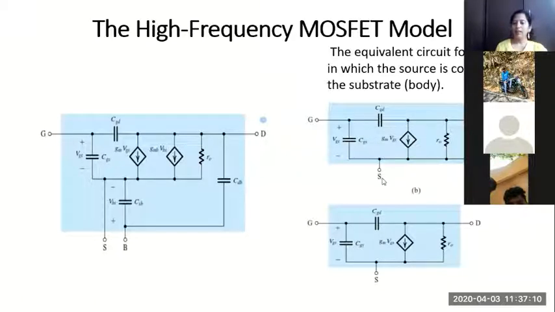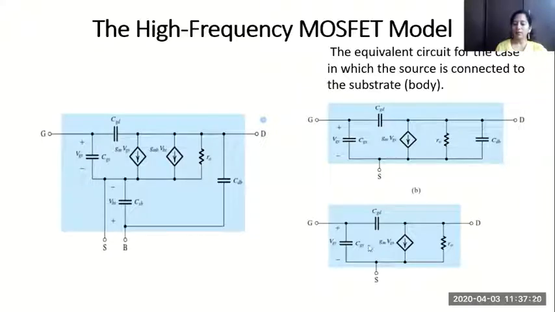We can simplify this one more step further. As you can see here, this is simplified. What have we done here? We have removed this CDB because it is very, very small and it won't have any significant effect on the circuit behavior.